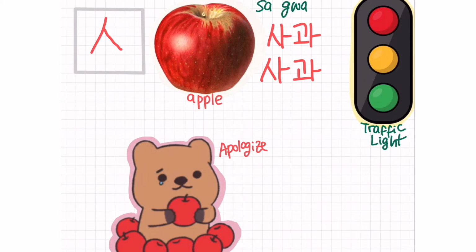And down below, you see an emoticon where this beaver, I believe, is holding out an apple. Now, what's it doing? It's kind of like crying. Yes, it's apologizing, right? Why do I have this apple? It's because when we say to apologize, the verb itself is 사과하다.